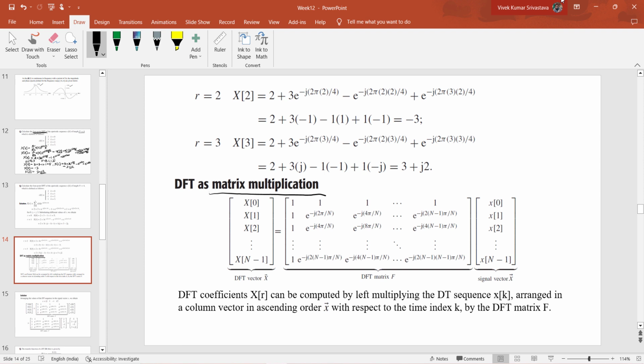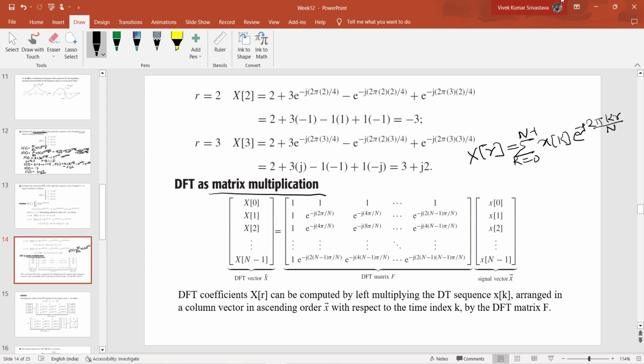So let me rewrite the formula once again: x of r is equal to summation k equals 0 to n minus 1 x of k into e raised to the power minus j 2 pi k r over n.